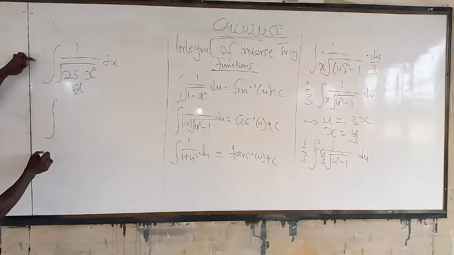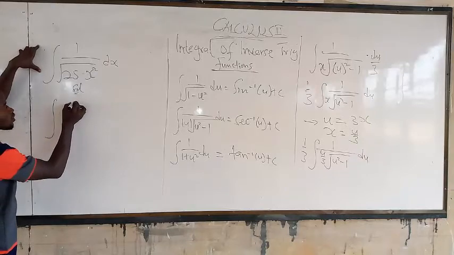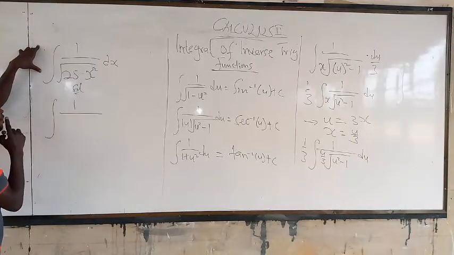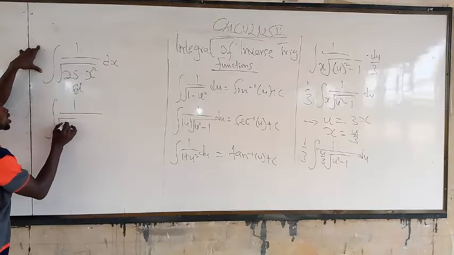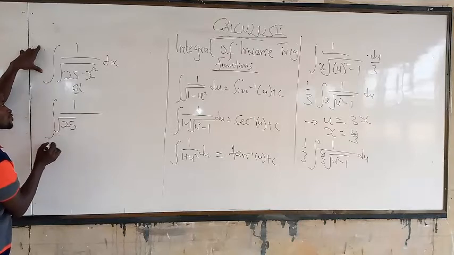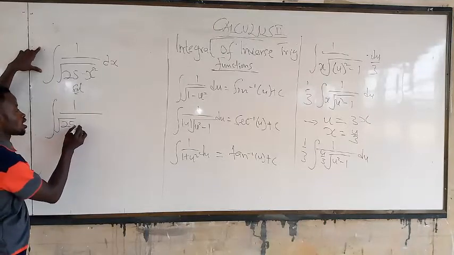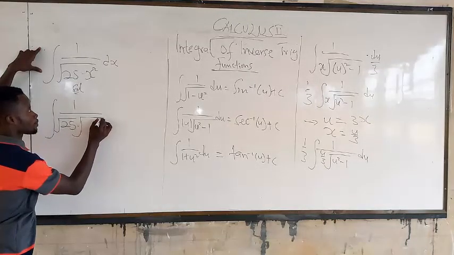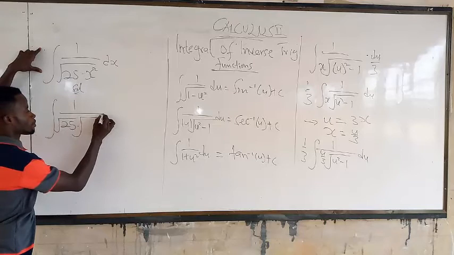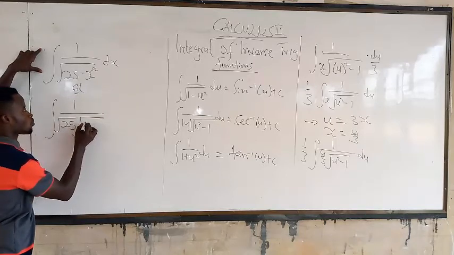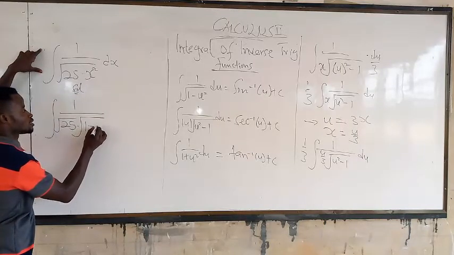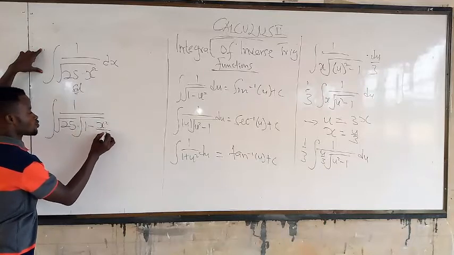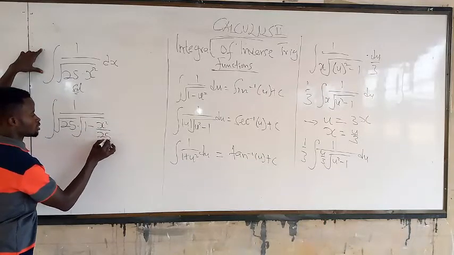We can rewrite this as 1 over square root of 25 multiplying by 1 minus s squared over 25.